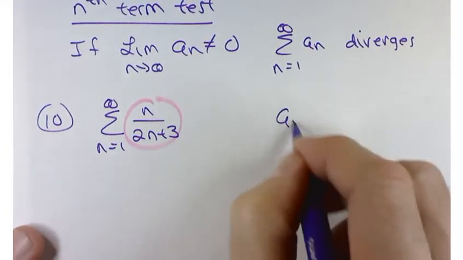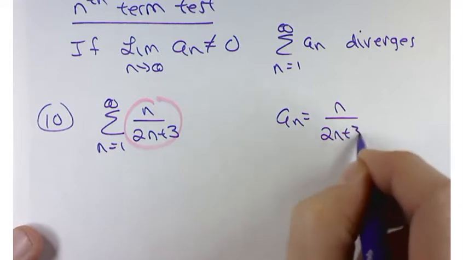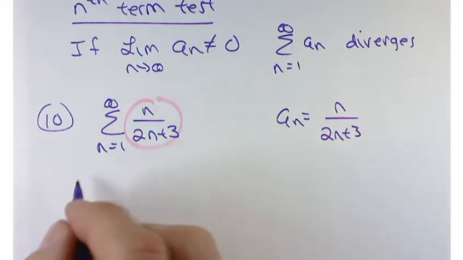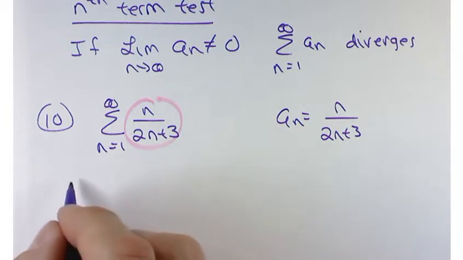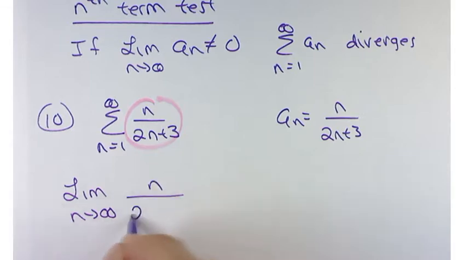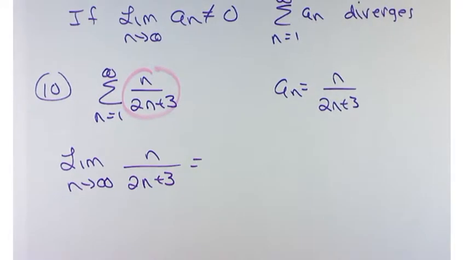So call it a sub n is n over 2n plus 3. Let's calculate the limit as n approaches infinity of n over 2n plus 3. What's that limit? All right, it is infinity over infinity. Sure.